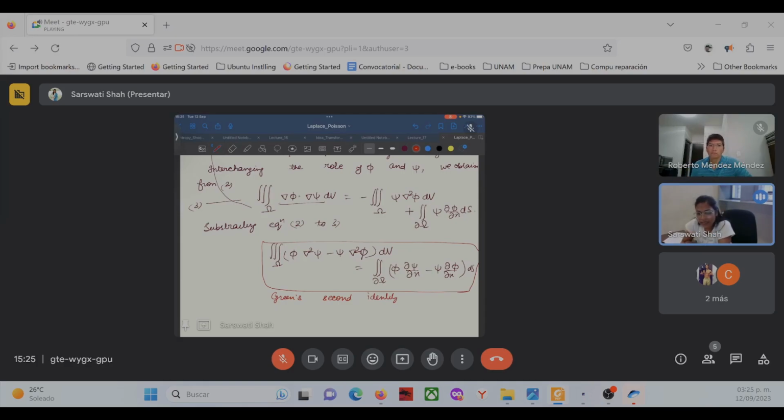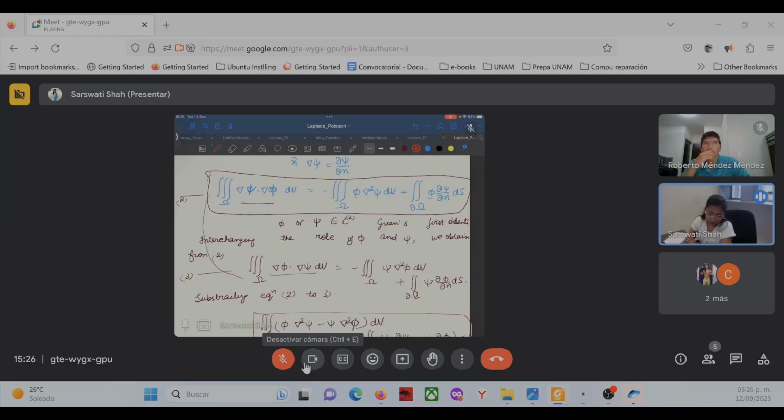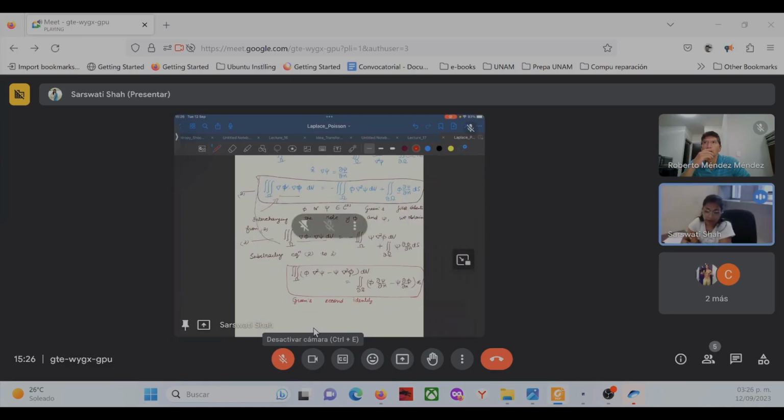If you take phi equals to psi, well, this is equal to 0, right? No, I am talking about this. In this, if you take phi equals to psi, we are deriving everything from the Green's first identity.